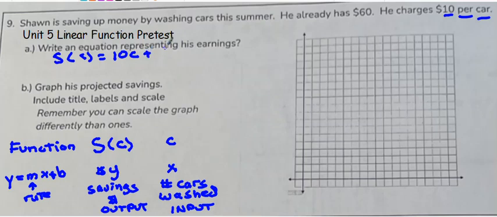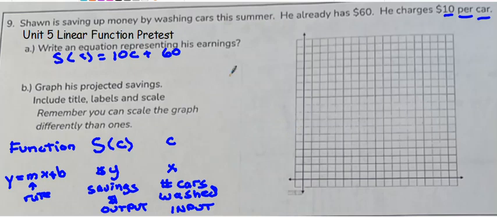And then he already has $60 in his account, so that's already there before we even start washing cars. And that's going to be our B. That's going to be the beginning amount. We're not going to start at 0, we're going to be up here someplace.